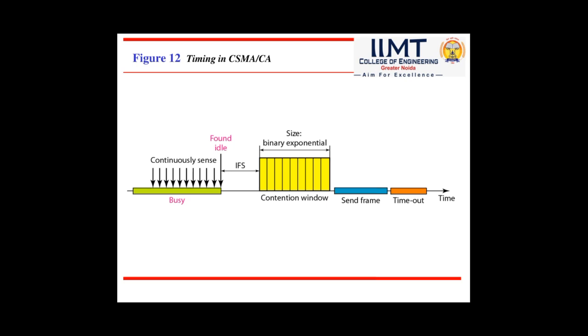So in this method, the station that wants to send data first senses the channel and waits for some amount of time. It is called IFS. The full form of IFS is interframe space. And after waiting, it reserves some slot in the contention window. So first we understand the IFS.